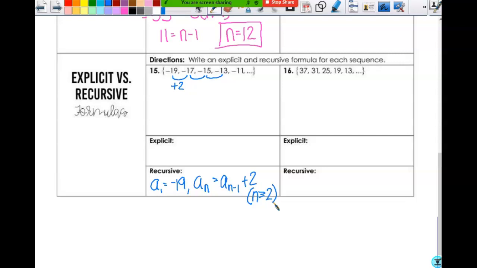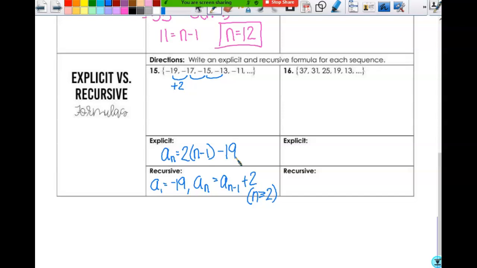So then my explicit formula, a sub n, that's equal to d. Well, d is 2 times n minus 1 plus the first term. So that's minus 19 or plus a negative 19. It doesn't matter either way. We good with that? What questions you got?